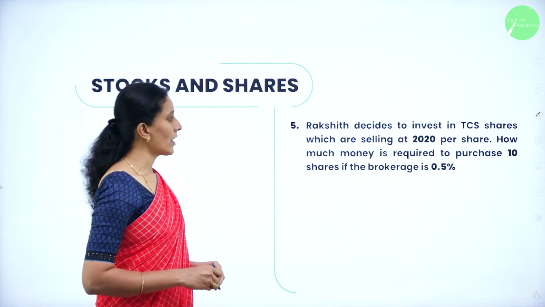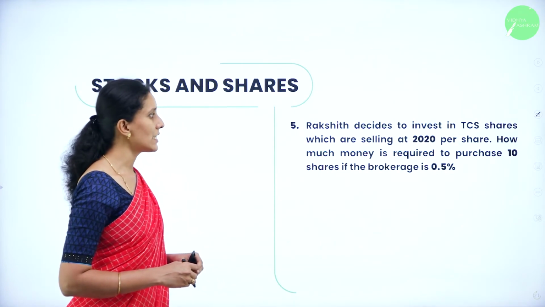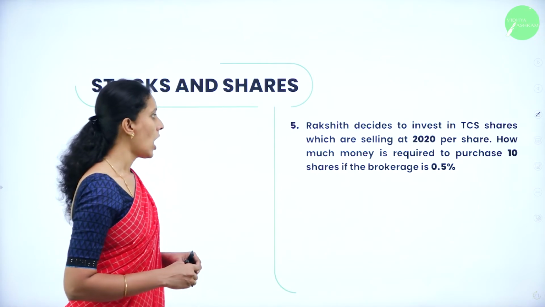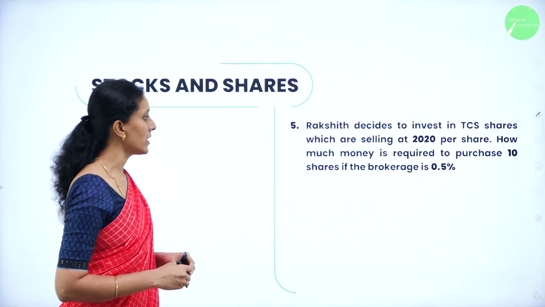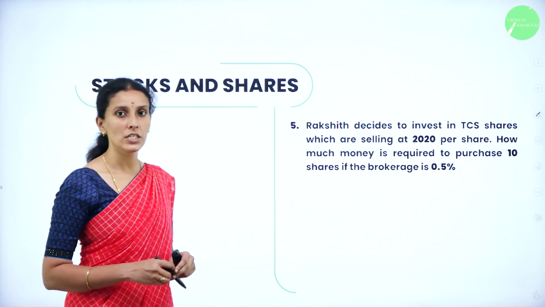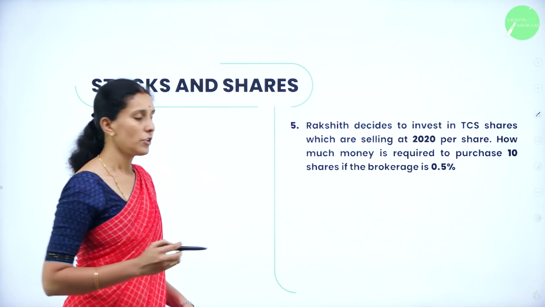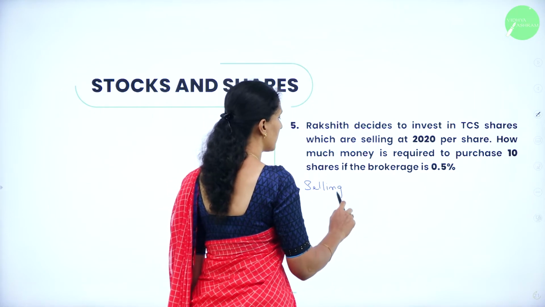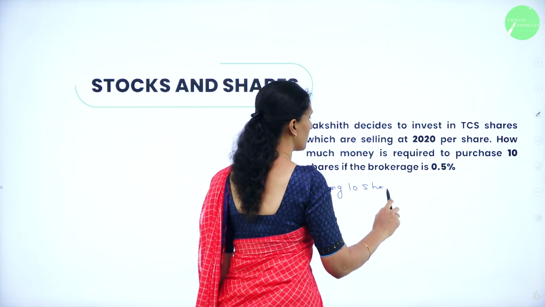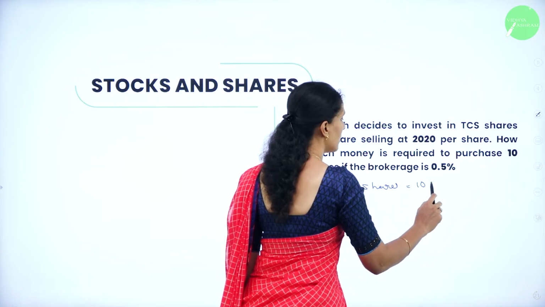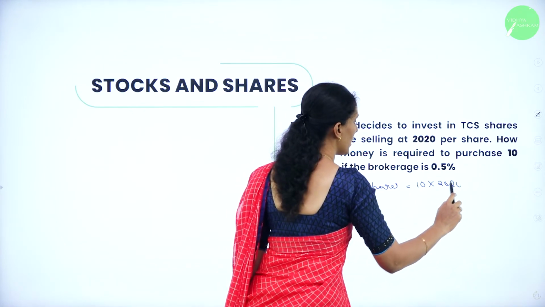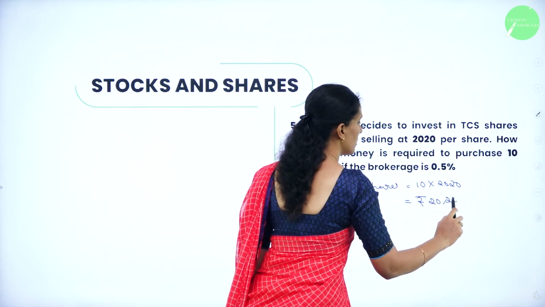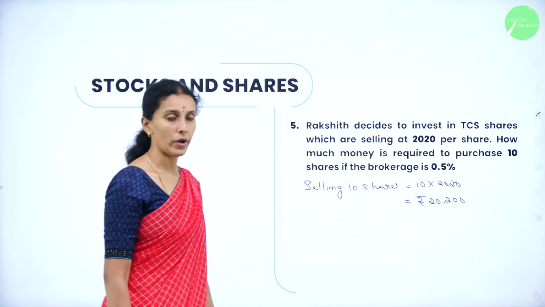Next one, Rakshit decides to invest in TCS shares which are selling at 2020 per share. How much money is required to purchase 10 shares if the brokerage is 0.5%? So, first calculate buying 10 shares is 10 into 2020, that is equal to rupees 20,200.